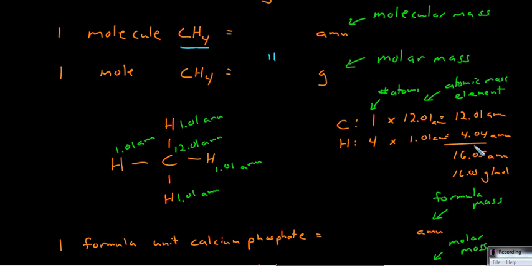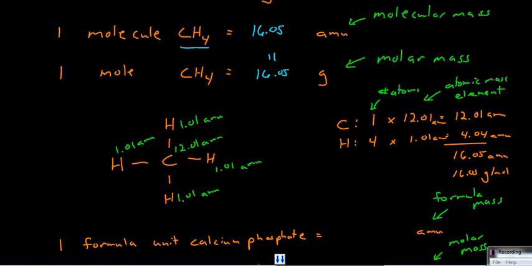And so the molecular mass is just the sum of the masses of all the elements. It's 12.01 plus 4.04. It's 16.05 AMU. Now, 16.05 atomic mass units is the molecular mass, but the molar mass is the exact same number, 16.05 grams. That's the mass of 1 mole of CH4, methane.